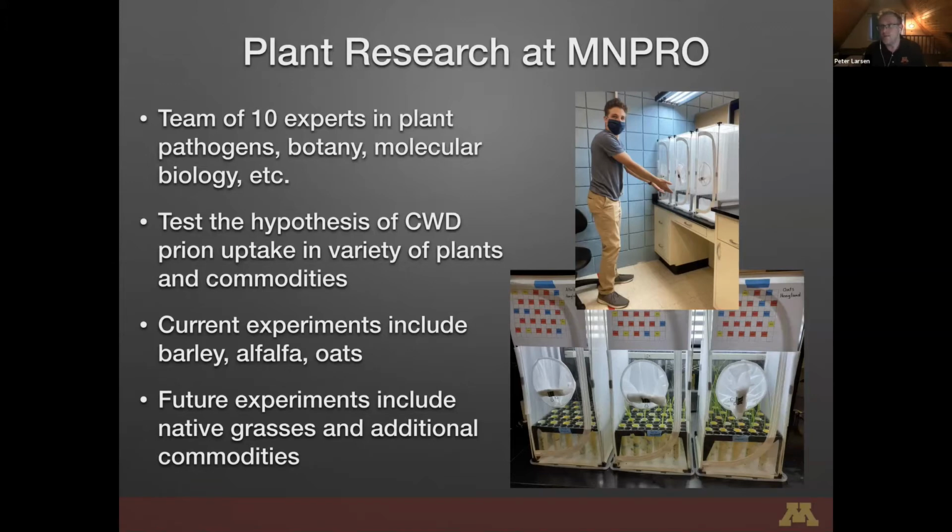So right now, and we're getting data this week using some of the diagnostic tools I'll be talking about, we're looking at barley and alfalfa and oats and trying to really understand how the prions are coming into those plants. Are they being expressed? Are they being deposited in different areas? Which areas? Why? And if you have a really good understanding of that, then you can develop ways to prevent it from happening, right? That's really important for agricultural commodities.